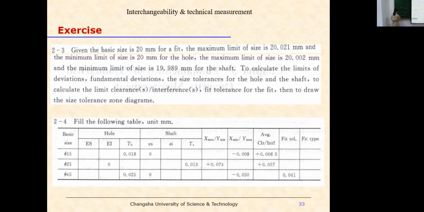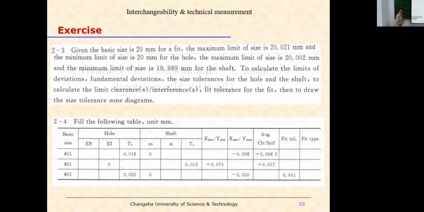So this is the E, equals EI plus ES, right?